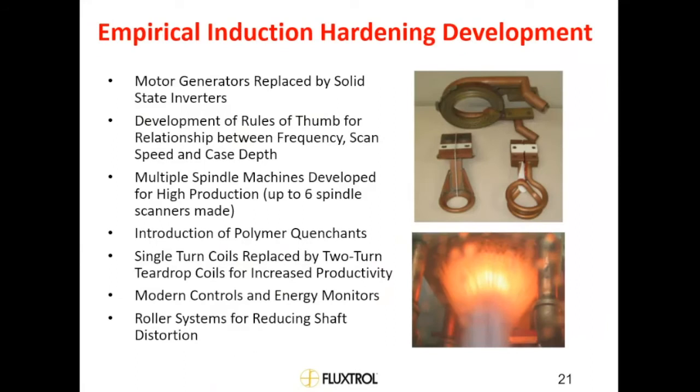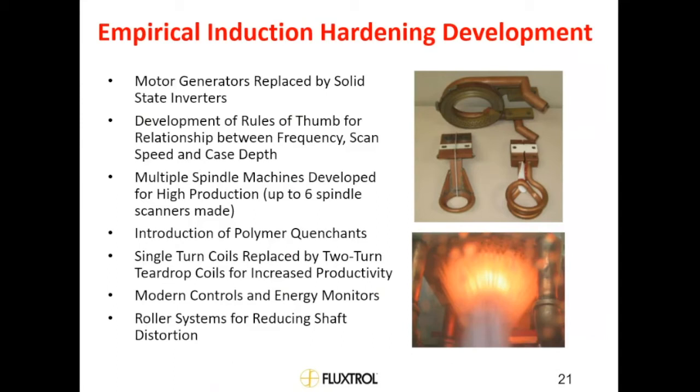The empirical development went through a lot of changes. Initially, they started with motor generators, replaced by solid state inverters, which were much more controllable, much more flexible, much more efficient and required less maintenance. Development of rules of thumb for the relationship between the frequency, scan speed, and case depth. Went from single spindles to multiple spindle machines, sometimes even up to 6 spindles.